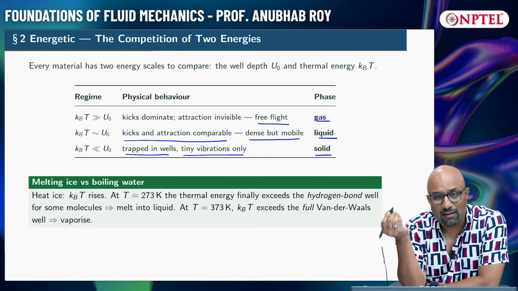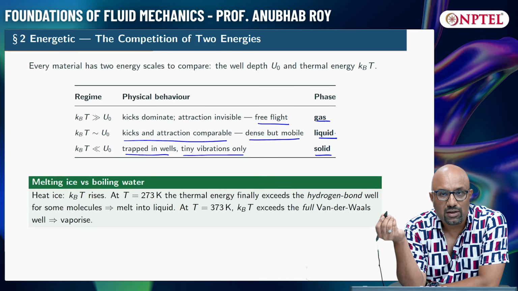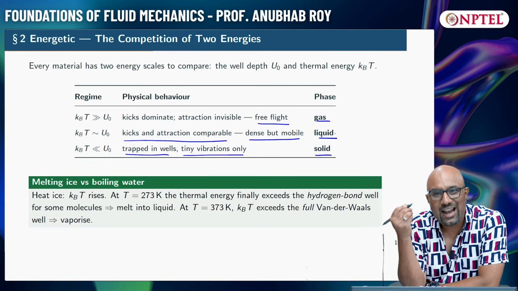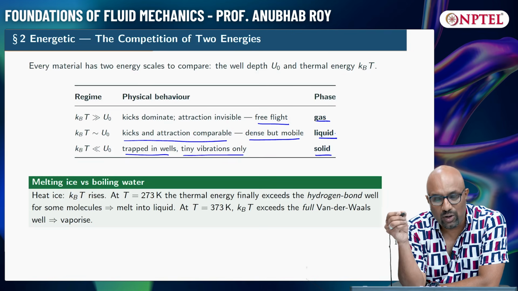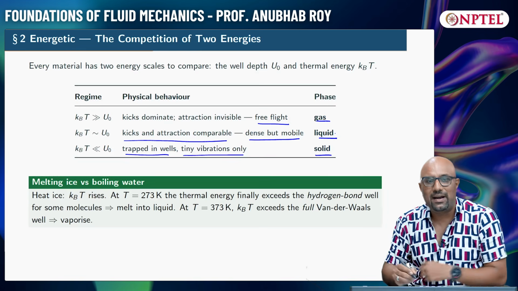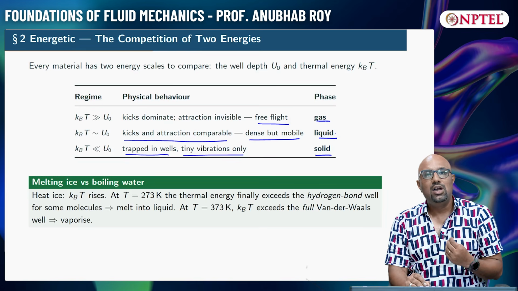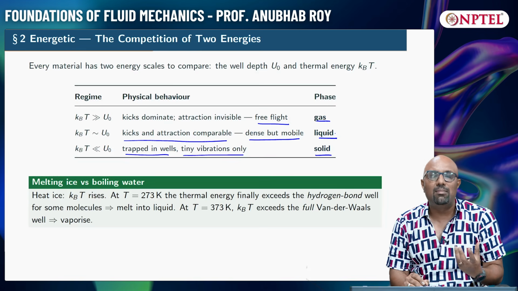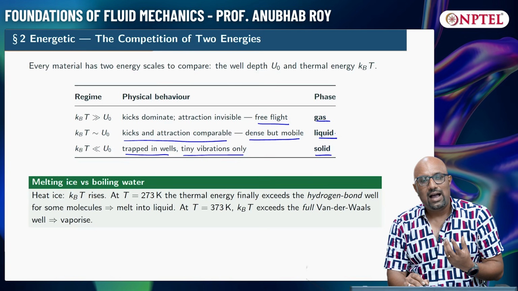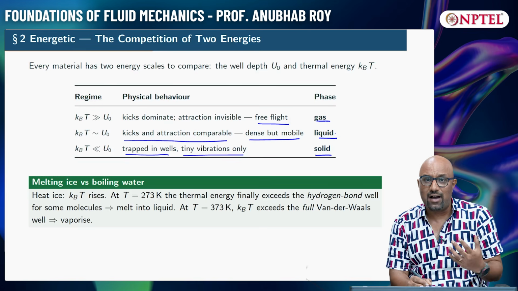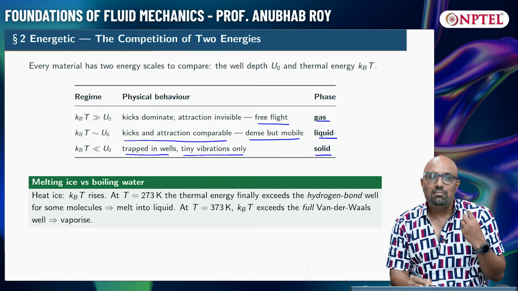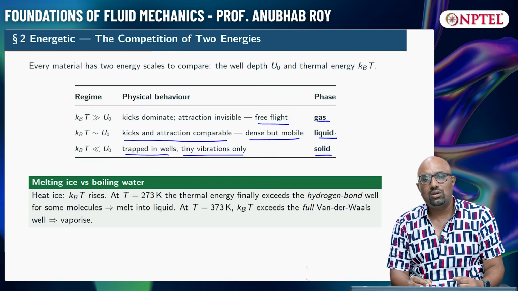And this is as per your intuition: you heat an object and it gets to a less condensed state. You take a liquid, you increase the temperature, it goes into a gaseous state. What is happening by increasing the temperature is that you are providing more thermal energy to the system, and the potential energy well barrier that you have can be overcome by providing more thermal energy.